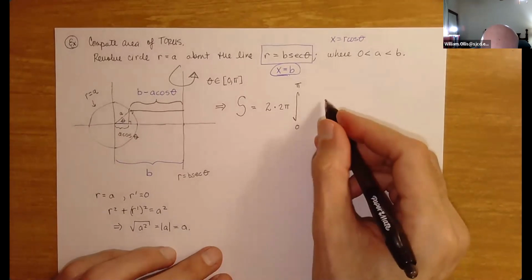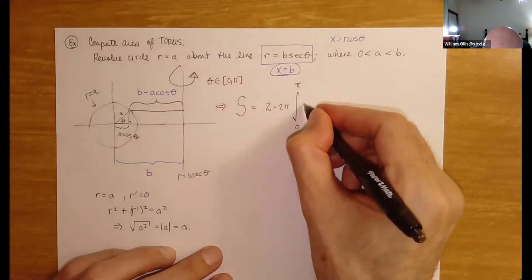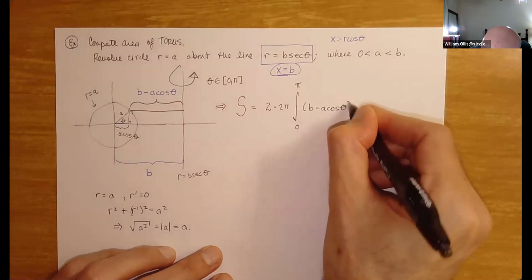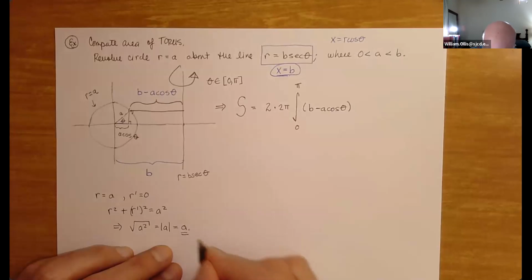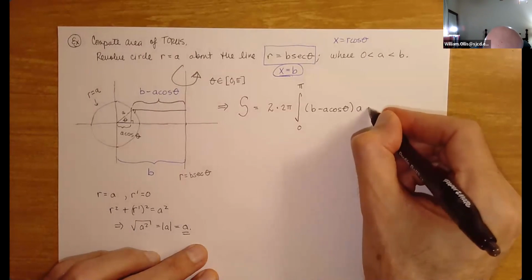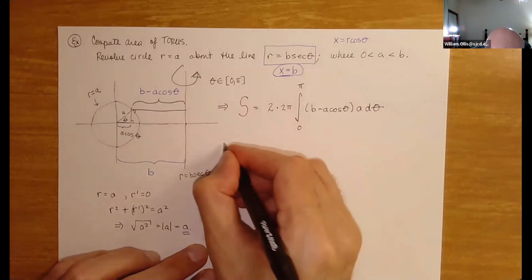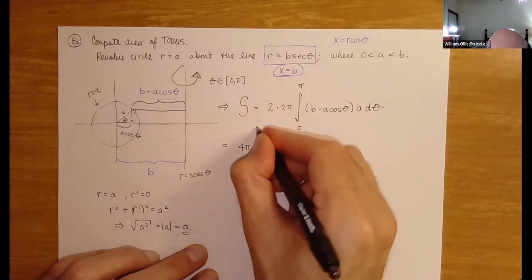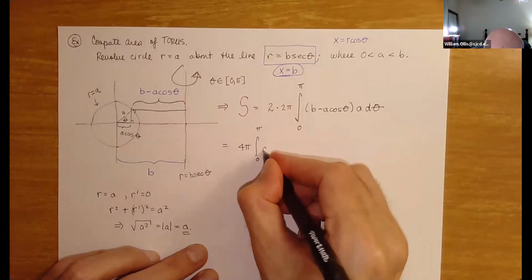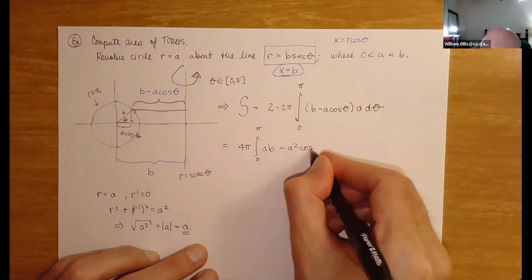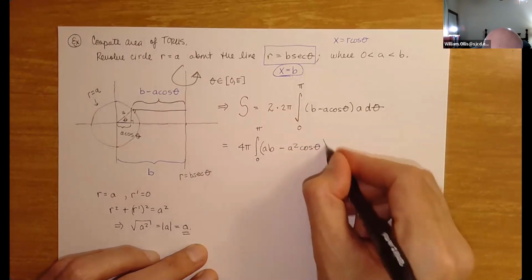The distance to the axis of revolution is b minus a cosine theta, and the element of arc length will just be a d theta. Very simple. So this gives us 4 pi, integral from 0 to pi. We multiply this out: ab minus a squared cosine theta, d theta.